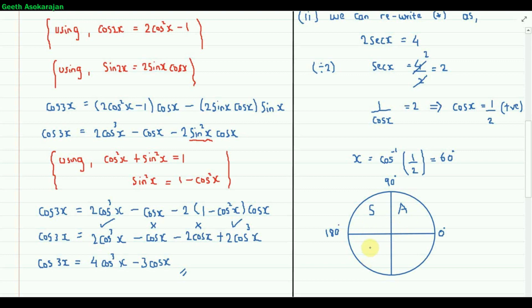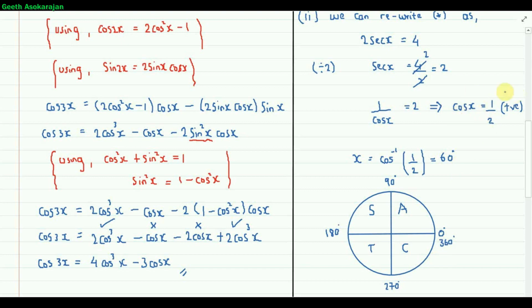We label the third quadrant T because tan of any angle between 180 and 270 is positive. Sine and cos, however, are negative for angles between 180 and 270. And we label the last quadrant C because only cos of angles between 270 and 360 is positive. Sine and tan, however, are negative between angles 270 and 360.